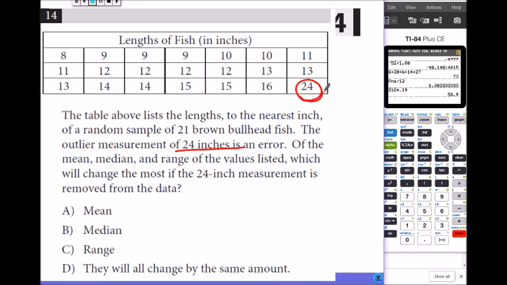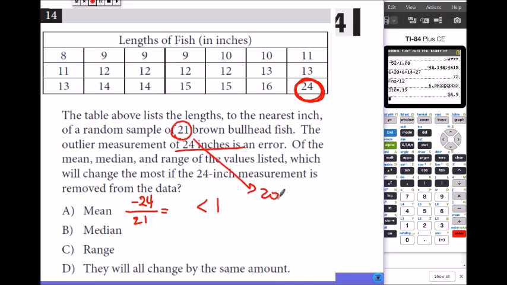So if it gets removed, that means the total will decrease by 24. And if you divide by 21, that's less than 1 in difference. What about the median? There were 21, but now there are 20 fish, right?